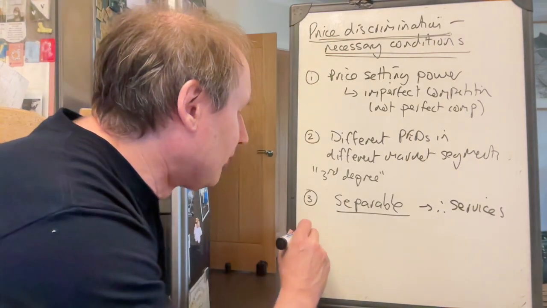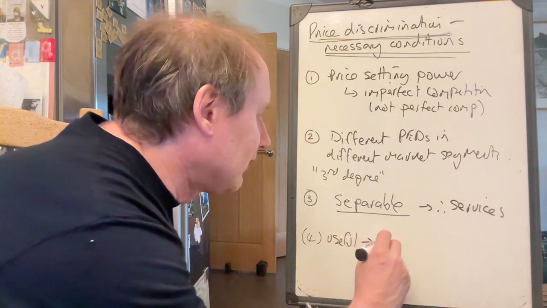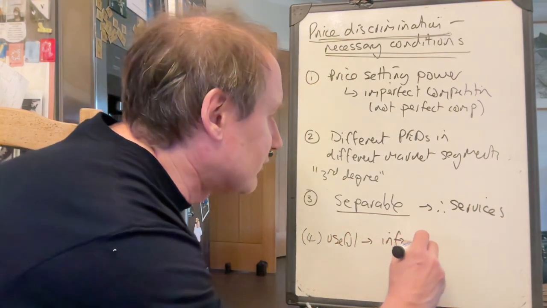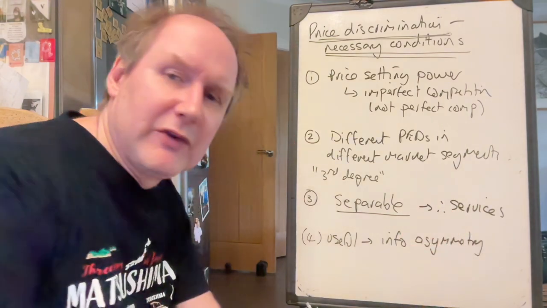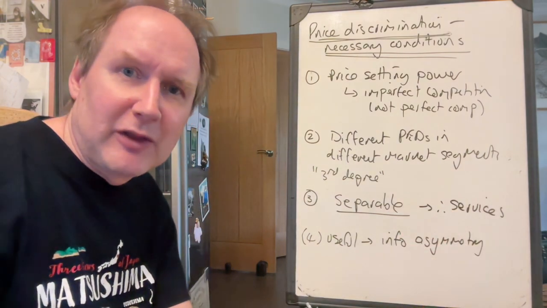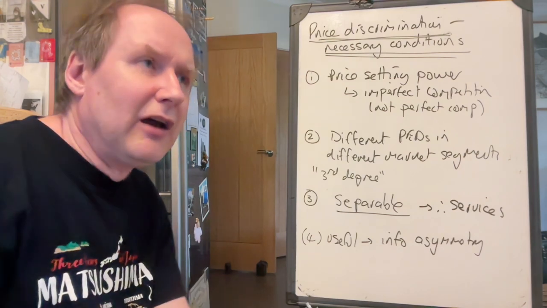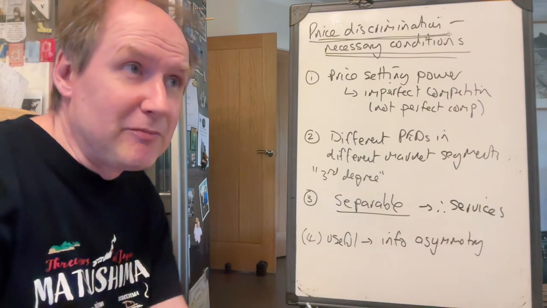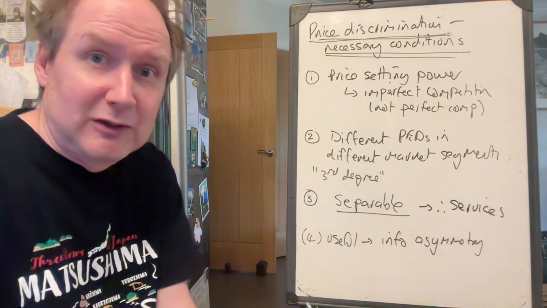And a fourth one that's useful but not essential is information asymmetry. Obviously, if consumers don't know that they're paying a higher price in the high price market, then that makes it easier to get away with. But it's not essential. People know that it costs more to travel before 9 o'clock in the morning, but they've got to pay.